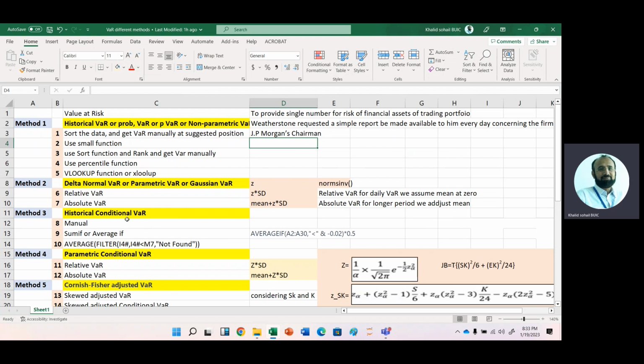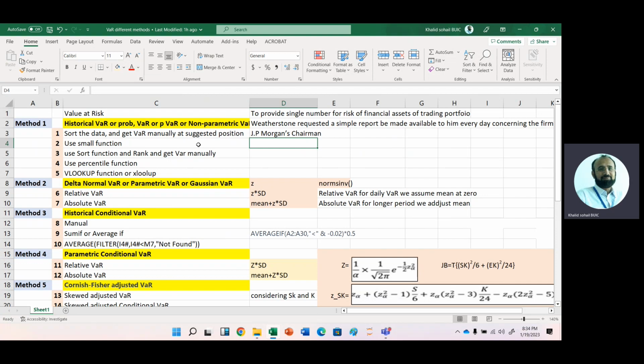Now we have the historical conditional value at risk as well. How can we get this? For the position that we obtained in the first method, historical value at risk, before that position we also have some negative percentages.